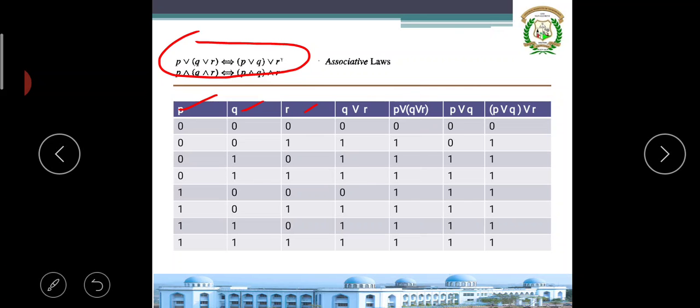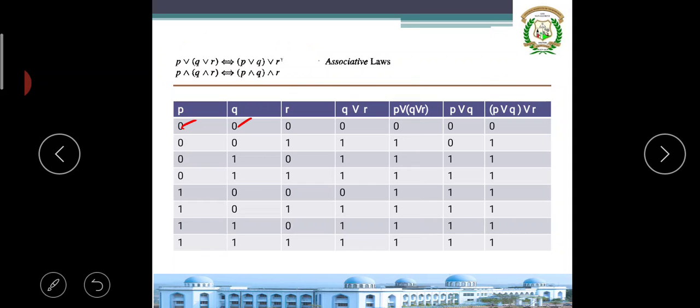Then I'll find out Q or R. Then again I do this OR with P, P or (Q or R). This is logically equivalent to (P or Q) or R, which I have to prove. So P or Q I'll find out, and P or Q along with this R, I will write it. Very easy.